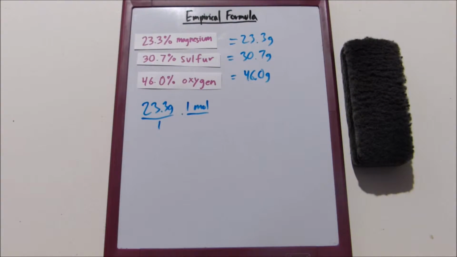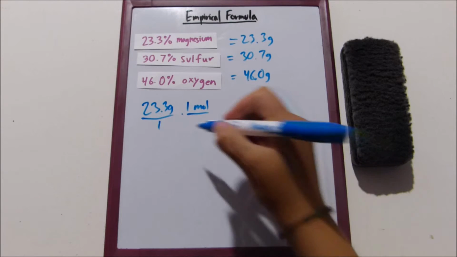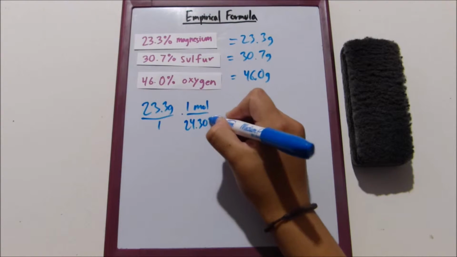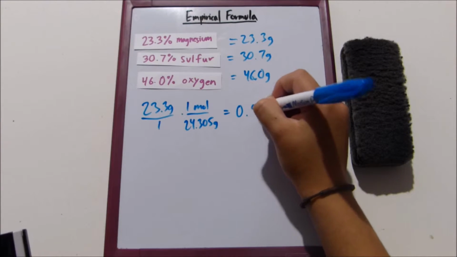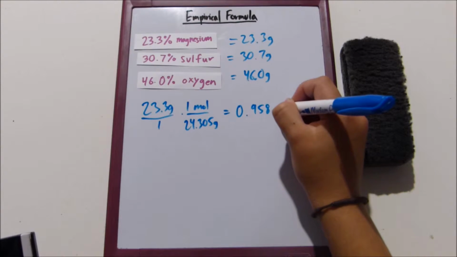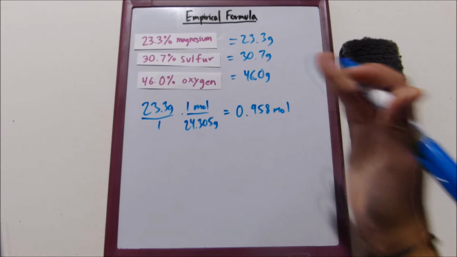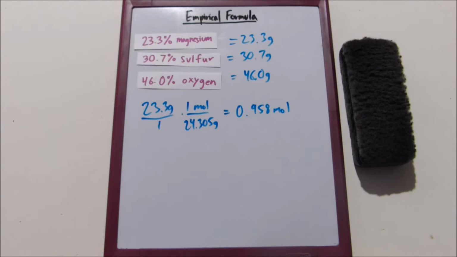So for magnesium, it's 24.305 grams. And then we want to divide that. That is 0.958 moles, about. Around it a little bit.